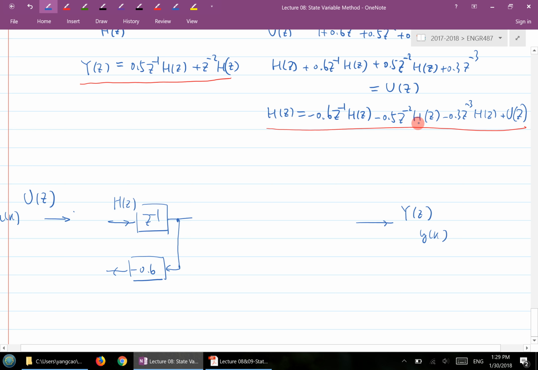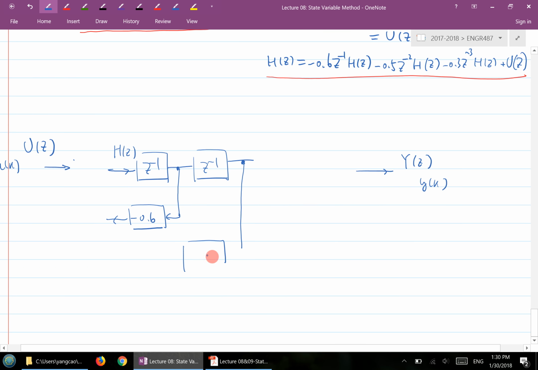And then the next one in here is h of z times z to the power negative 2. So that basically means you keep letting the same signal here pass through another delay here. And whatever comes out of here, you can use it and multiply by negative 0.5.